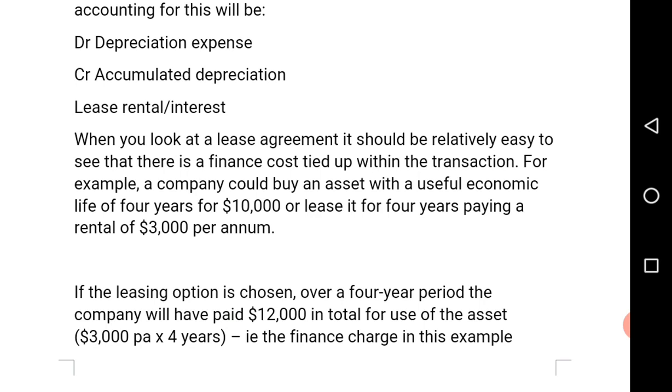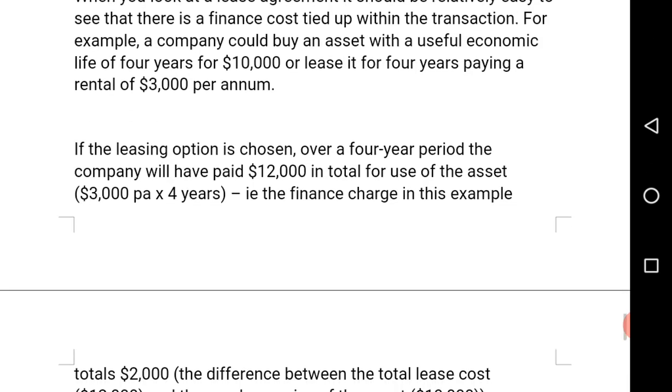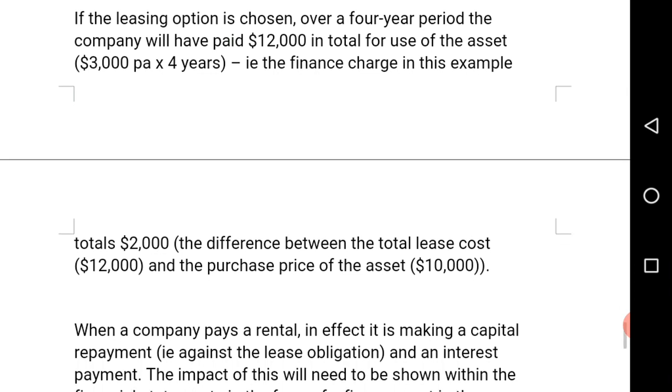The lessee is who is getting the asset and paying value to the lessor. Now we have the finance charge as said here. The difference between the total lease cost, that's 12,000, and the purchase price of the asset, that's 10,000, is the finance charge, which is 2,000.